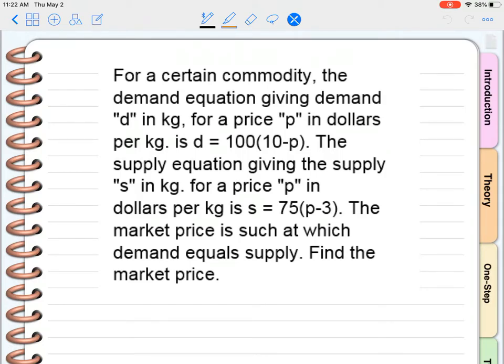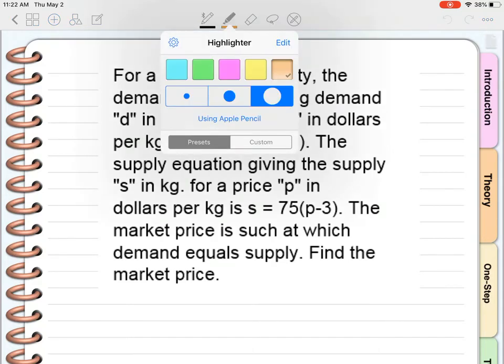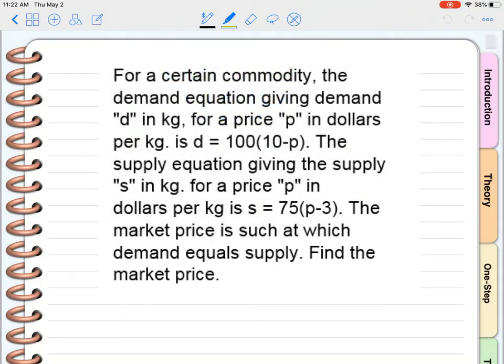Now, a lot of people would just give up on this one. You can always just make a guess and keep going. But I want to show you that this one is doable. And here's why. The one phrase that I really, really like in this whole big mess is right there. That demand equals supply.